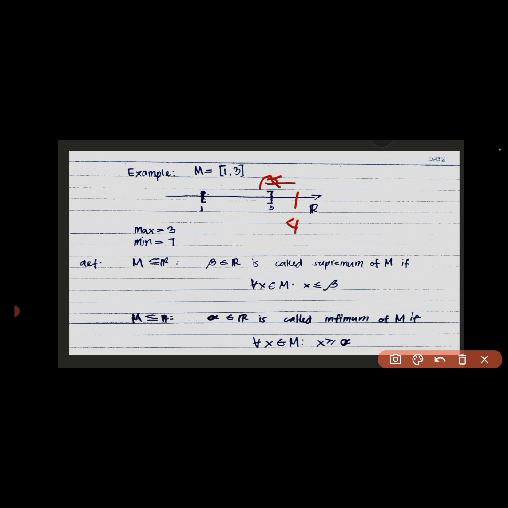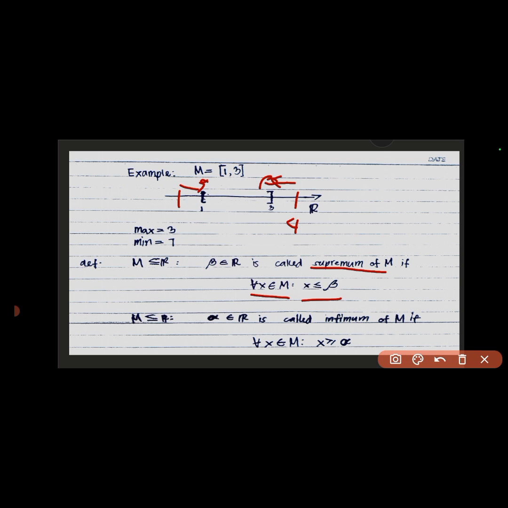Now, for the definition of supremum, M, a subset of the real numbers, where beta is an element of the real numbers, is called the supremum of M if for all x an element of M, x is less than or equal to beta.